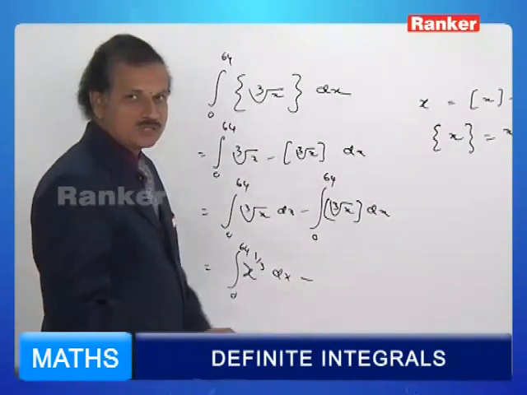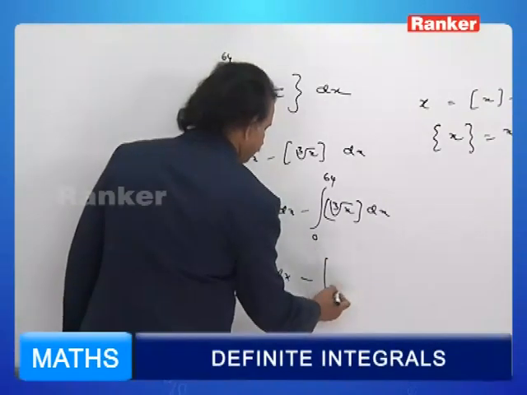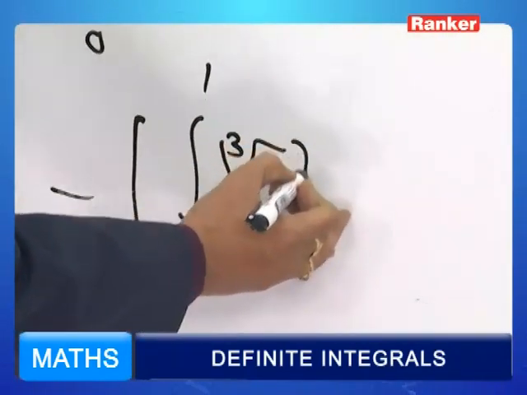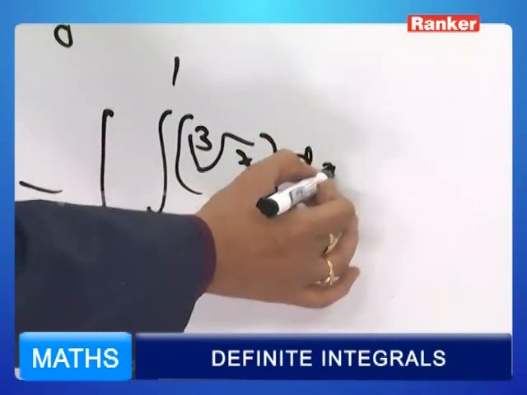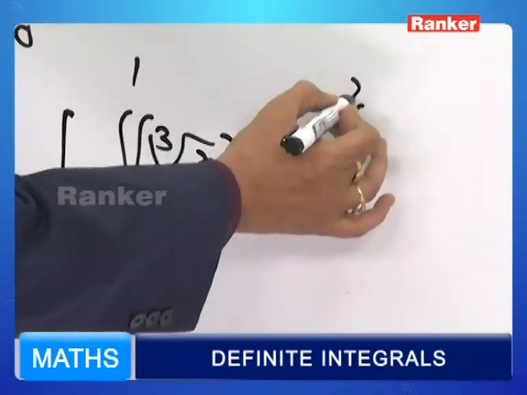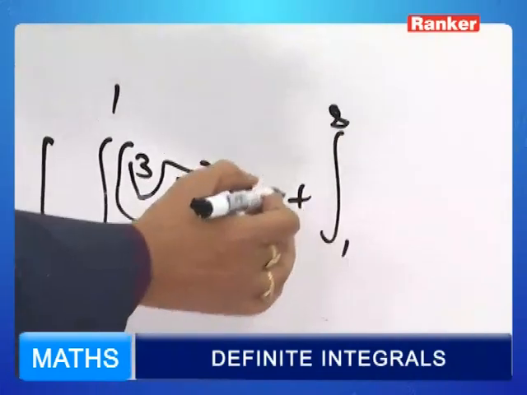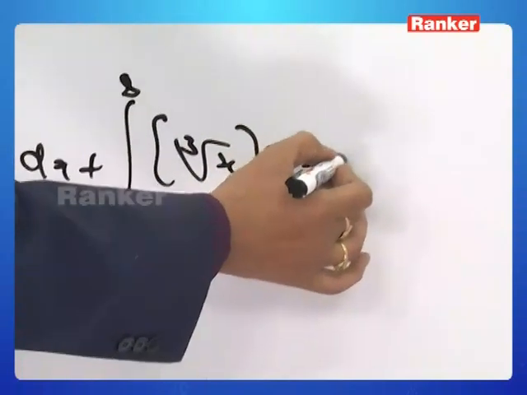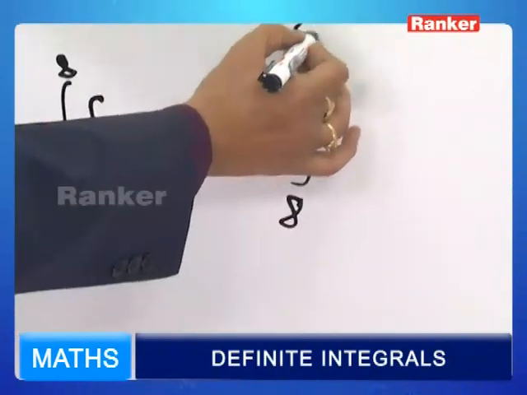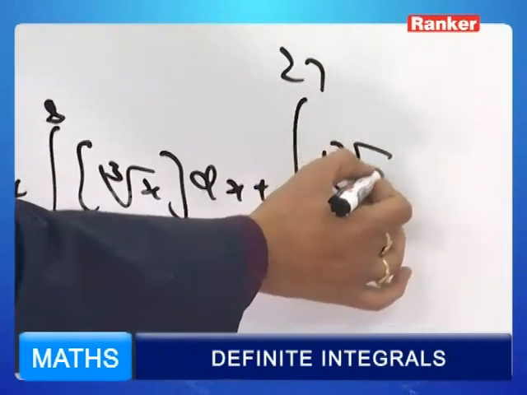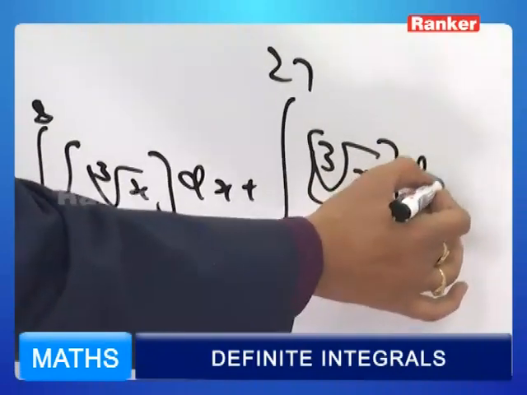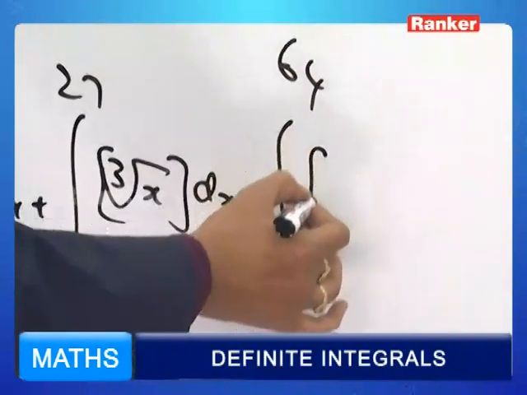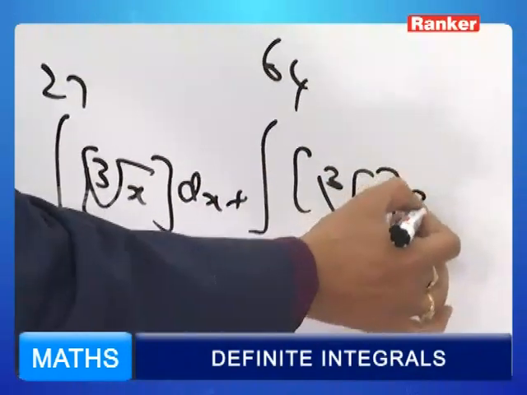What I mean to say is minus integral 0 to 1 of integral part of cube root of x dx, plus integral 1 to 8 of integral part of cube root of x dx, plus integral 8 to 27 of integral part of cube root of x dx. At last, from 27 to 64 integral part of cube root of x dx.